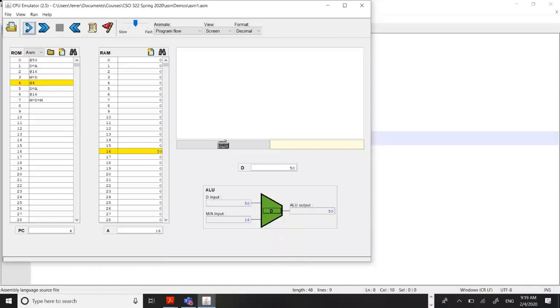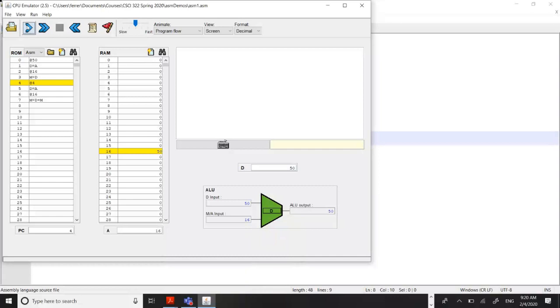Now, M equals D means the only output I'm going to get from the ALU is just the X input, 50. So this A register value is being ignored by the ALU. The 50 passes through. And now the destination, M, changes the value at location 16 to 50, which is highlighted right here in the simulator.